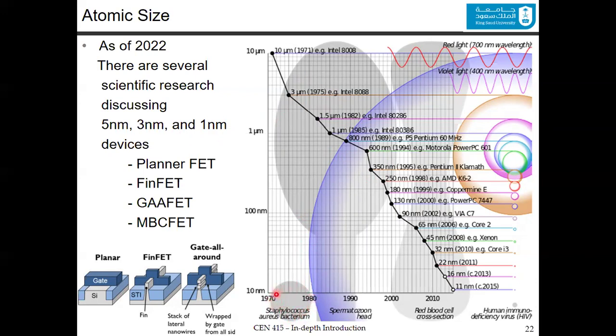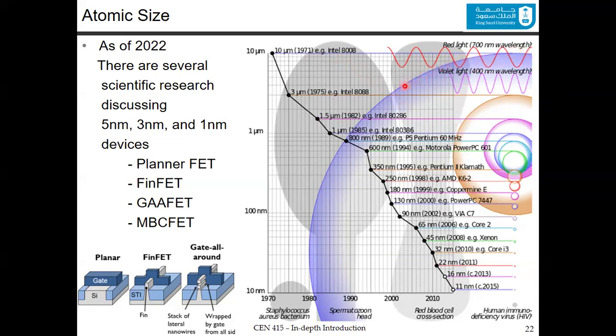If we want to depict its size, and we assume that it's this circle size, in the 10 micrometer generation in 1971, that was used in the 8008 Intel processor. You can see that it was this big, which is basically this blue circle.